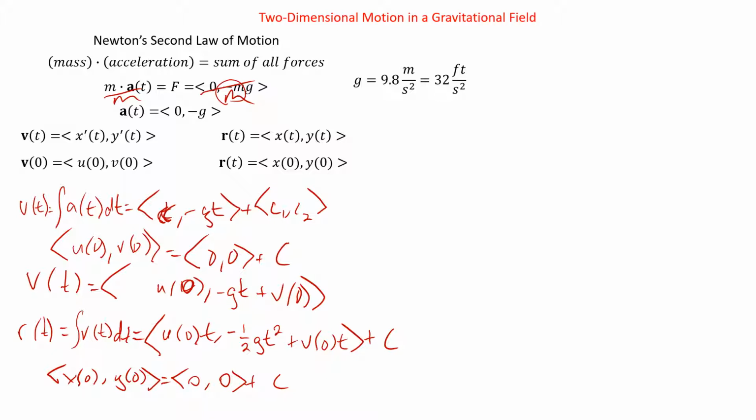We can plug that back in to our equation to get r of t will equal u of 0 t.